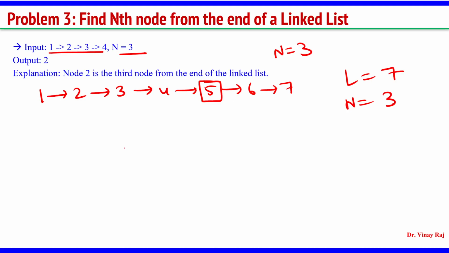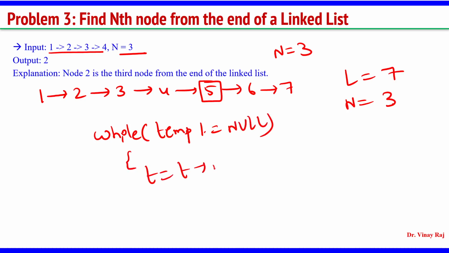One solution you can think of is, first you find the length of the list. You write a while loop, while temp not equal to null, temp equal to temp next, and you increment count. So you will come to know the count, that is 7, and you need the third last node from the end.